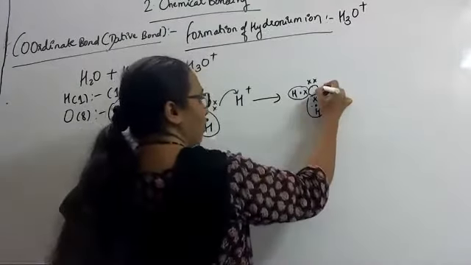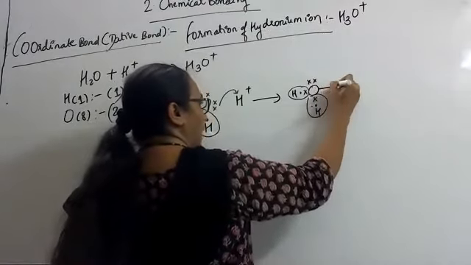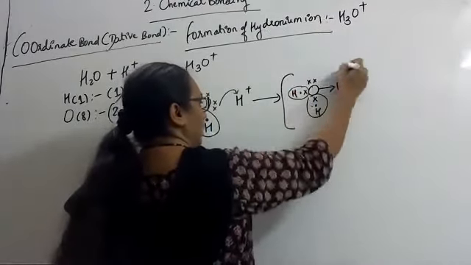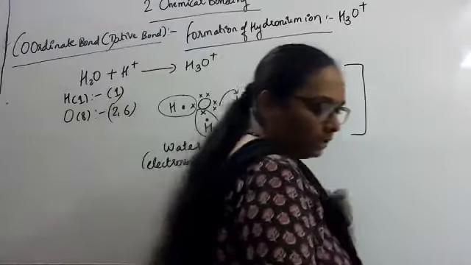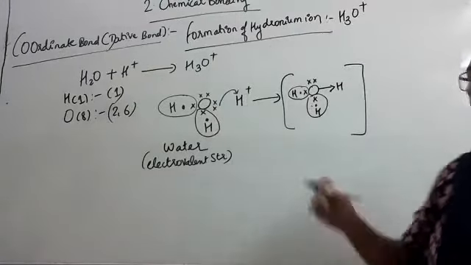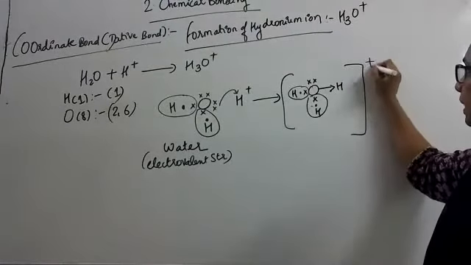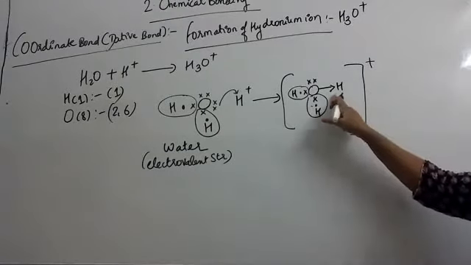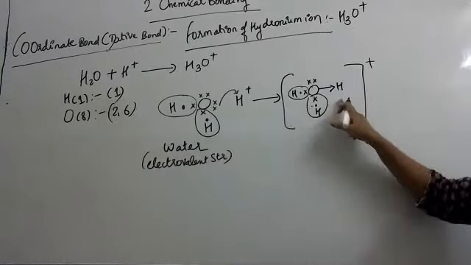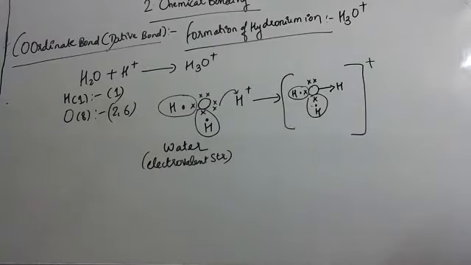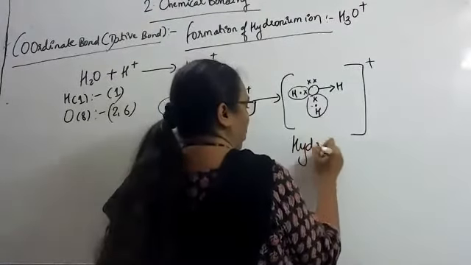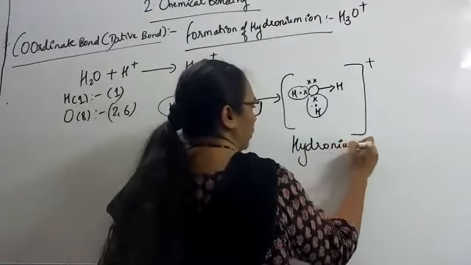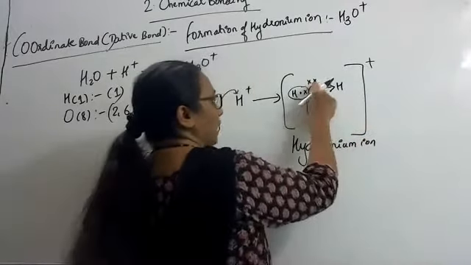When they are donated, how are we going to show the bonding? We show it in the form of an arrow. Okay, this arrow, and plus H we will write outside the bracket, indicating how electrons are donated from oxygen to hydrogen, and this becomes the structure of hydronium ion. Now what do these two electrons indicate?